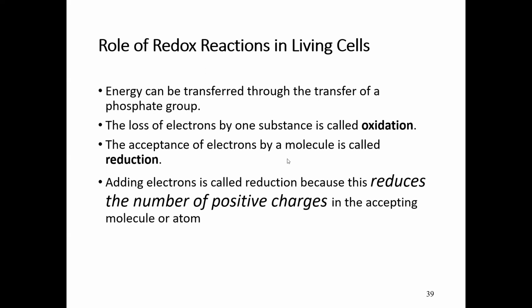Makes perfect sense to me. Most of us think reduction means that something shrinks. Well, not in the case of chemists. Chemists will say that we have reduced the number of positive charges, we've added more electrons. Okay, fine. So reduction. Something has to gain those electrons.